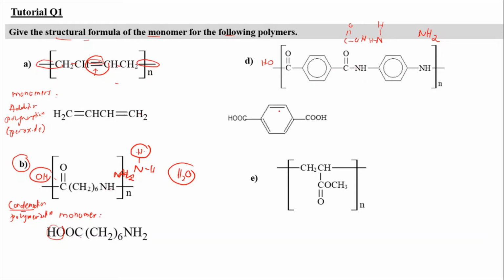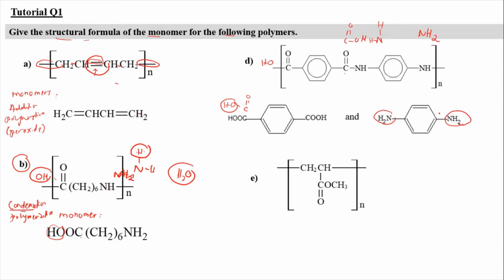First, we have the one for benzene dicarboxylic acid, where C double bond O, OH, so we need to include the OH. The same goes for this side here. And then the one for benzene diamine will also have their hydrogen back, so it becomes NH2 here, and also NH2 here.